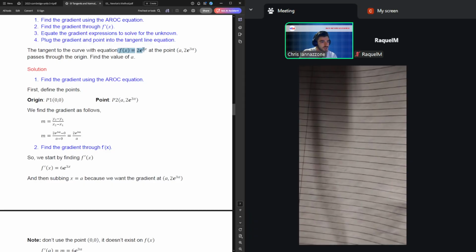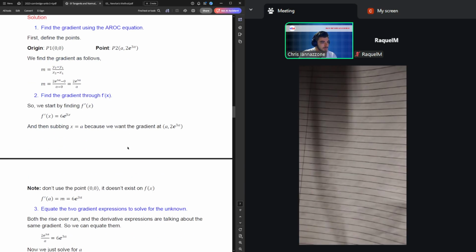Because we also know f of x, whenever you have f of x, you can always get f dash. So f dash in this case, do a little bit of a chain rule, basically taking that coefficient of 3 down the front. Now, we are also trying to find the gradient at this particular point.